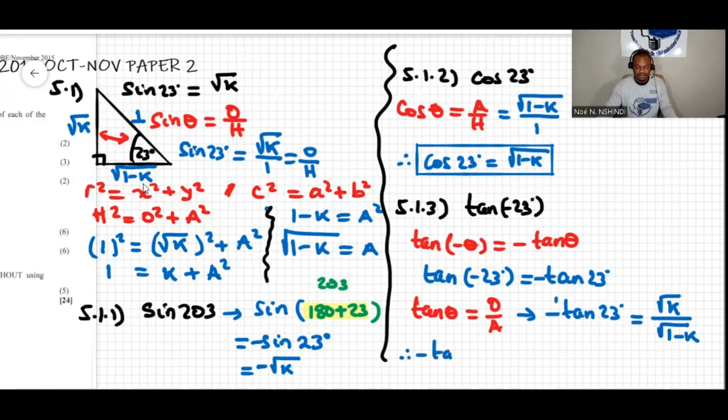It can also be written as negative square root of k over 1 minus k.